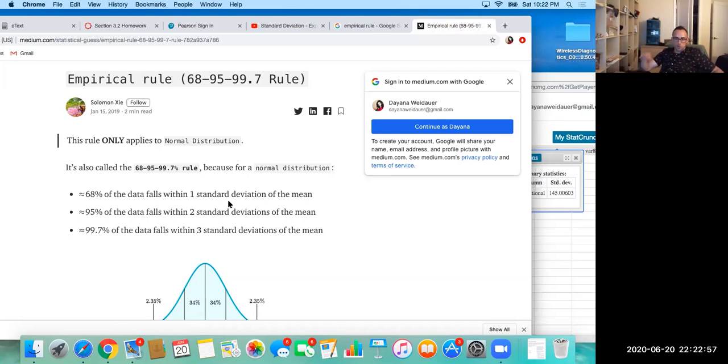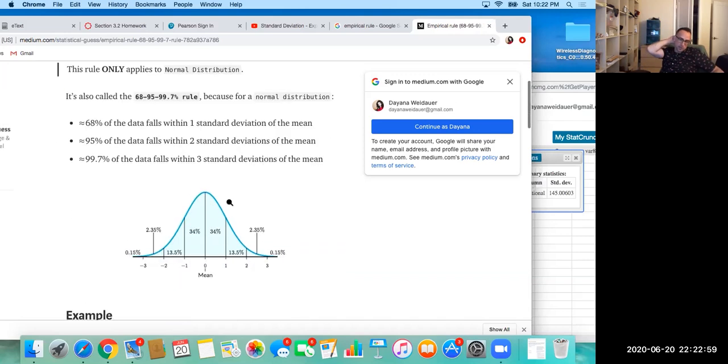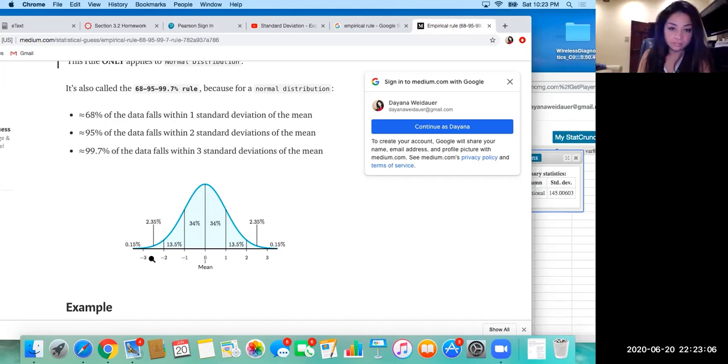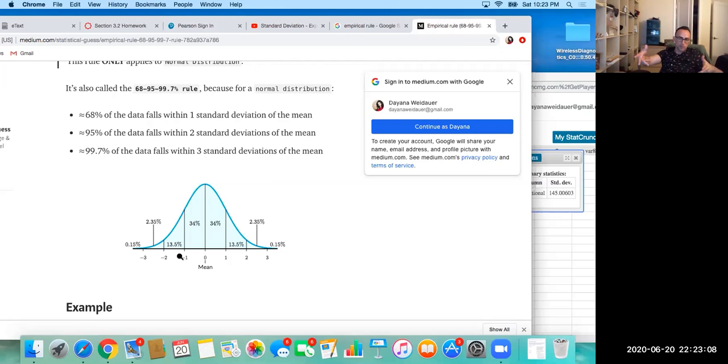And if you scroll down, it shows you a picture. See how you go to the right 1 and to the left -1? And there's 34 and 34. So 34 plus 34 is 68%. I don't like this picture, but if you go out 2 standard deviations and add all those numbers, it'll add to 95.